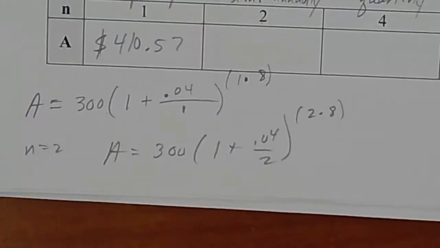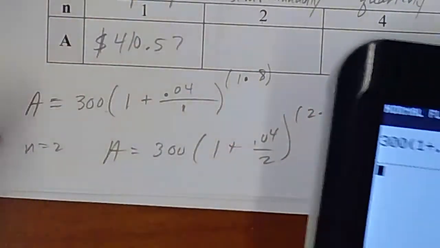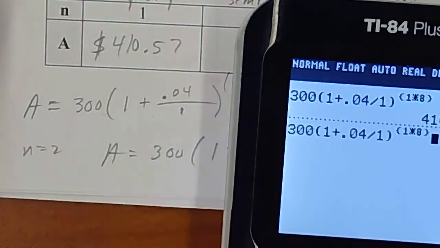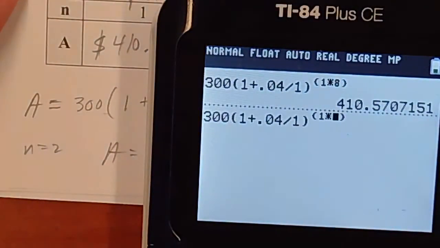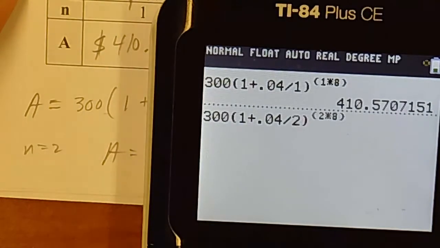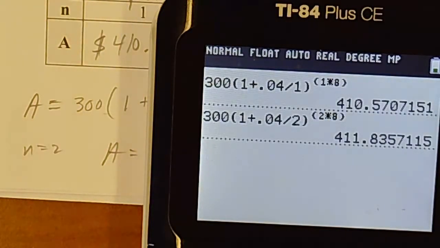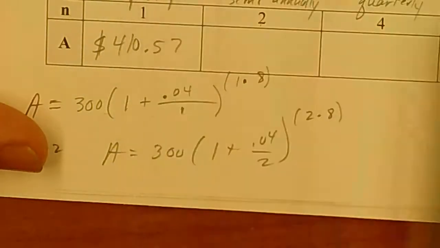Okay, so just change it at 2 spots. So I hit second enter to bring back what I just did. Type over the end value and hit enter. It's going to be a lot quicker, right? So 411.84.